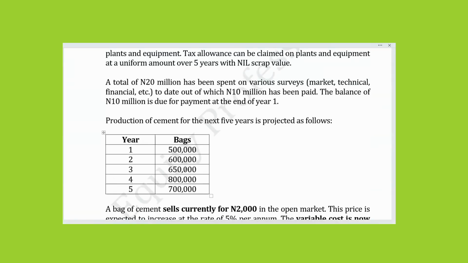They are not the actual. All the cash flows you are seeing there are projections, estimates. So it is assumed that what you have projected to spend is the actual amount you are going to spend. That's why we are saying that it is realistic.